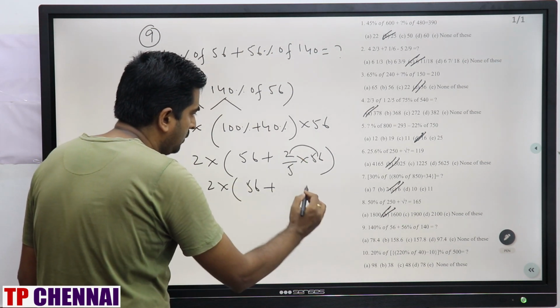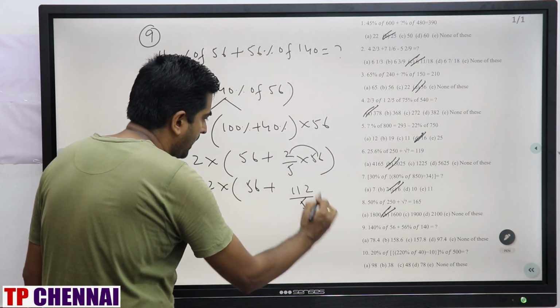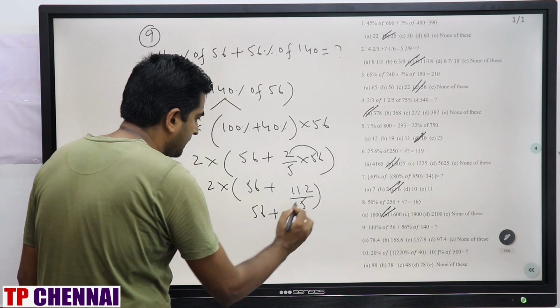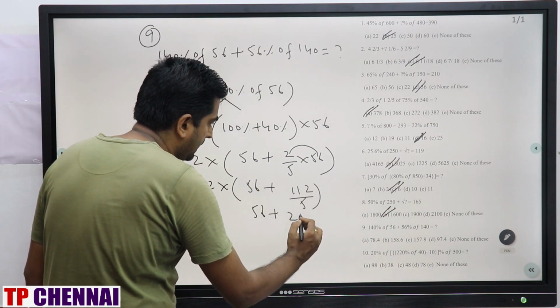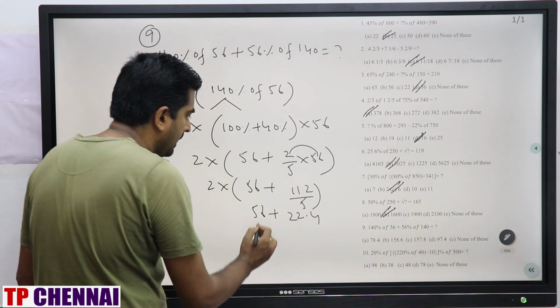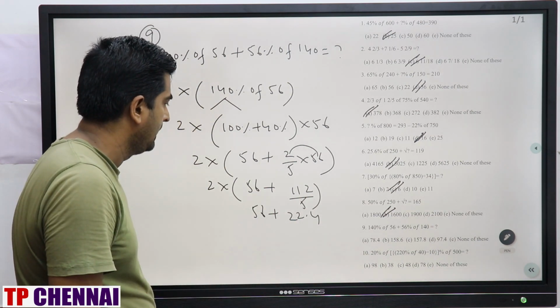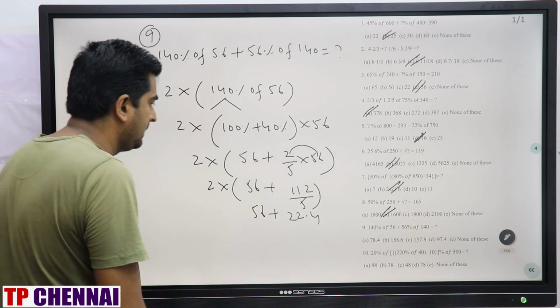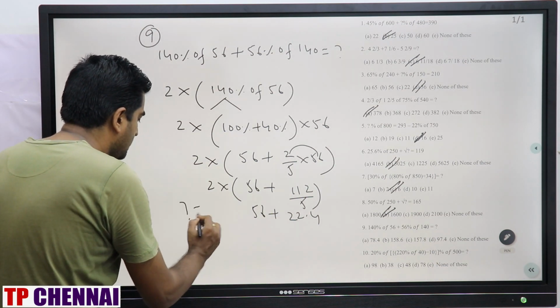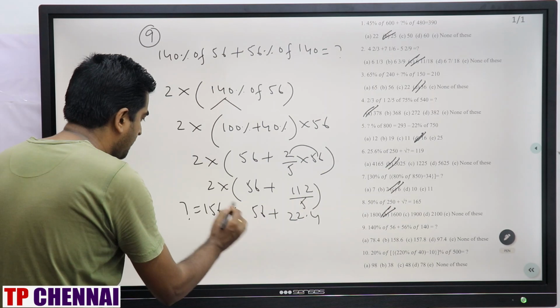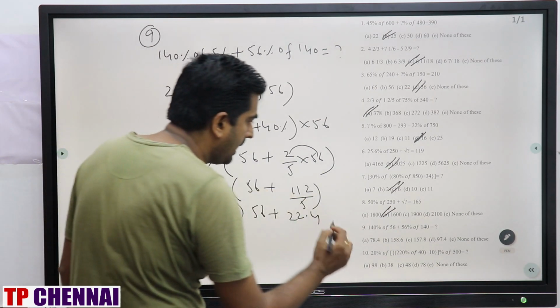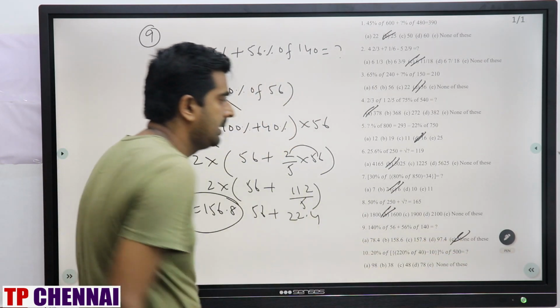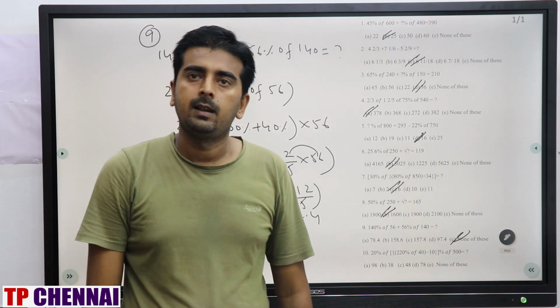What is 56 into 2? 112 by 5. So 56 plus 22.4 is 78.4. 78.4 into 2, 156.8. Question mark is equal to 156.8. That is the answer, and it is not there. So my answer is nothing but fifth option, none of this.